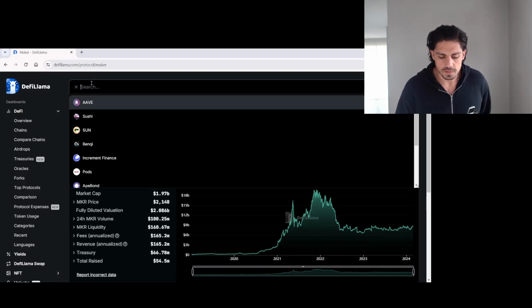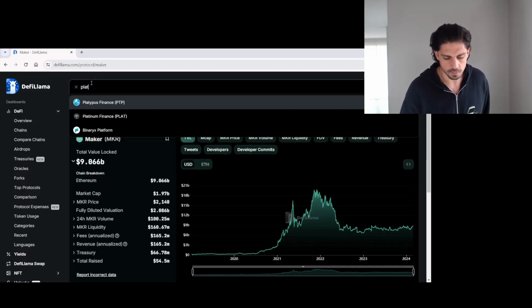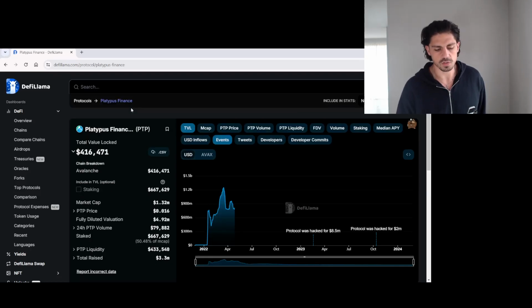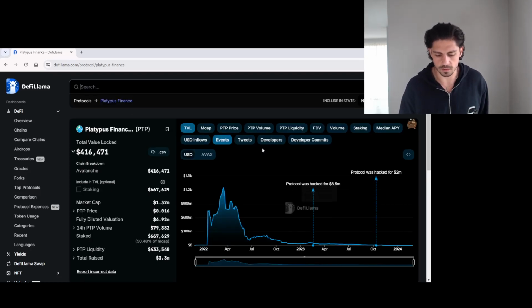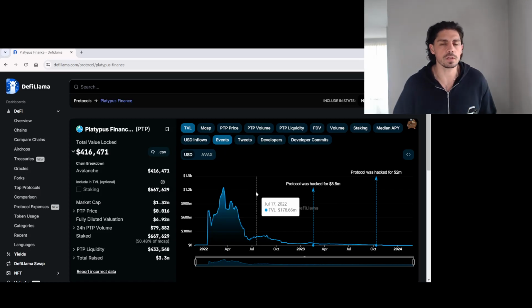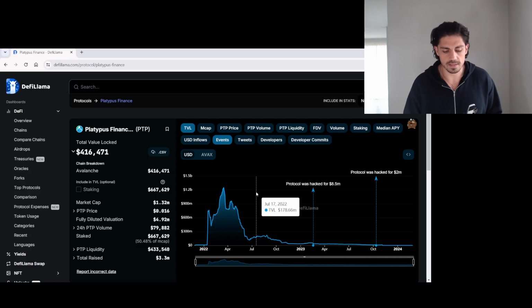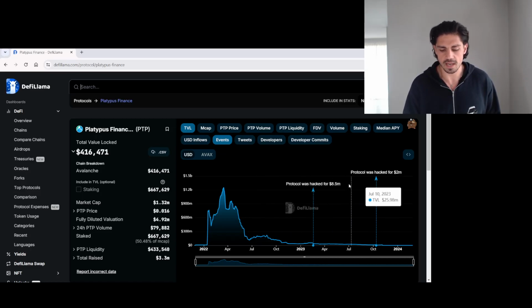Okay, so let's look at another platform that's even crazier, like this completely failed project. Okay, here we go. Look at this. Platypus Finance. This is a very interesting project to me because I thought it was actually going to have a nice recovery, and it totally isn't, as you can tell, because it's dealt with these hacks. I like how they show these events here.